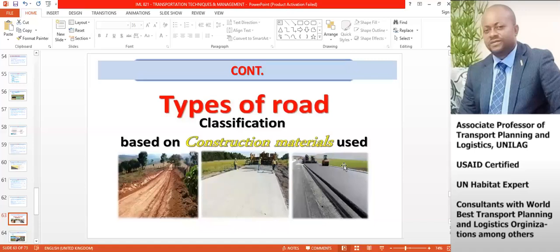Concrete. Which one is this? Bituminous, thank you. Then this is the one that I said you have in the local area. The earthen, thank you. This is the earthen. So that is the picture of that road.